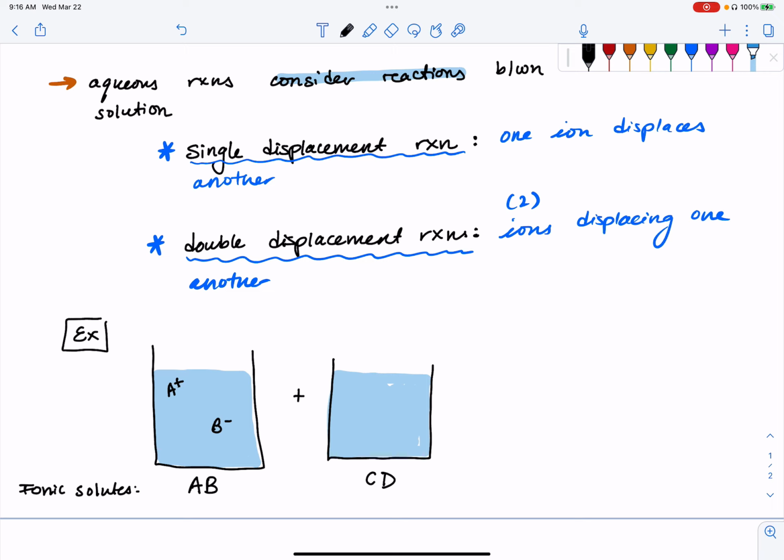I know that A is the cation because it's what's written first in our chemical formula, and B is our anion because it's what's written second. And I know that these both need to have 1-to-1 charge ratios because there's only one of each based on the subscripts in this chemical formula. So if I had written A2B, that'd be different. I'd have two A pluses.